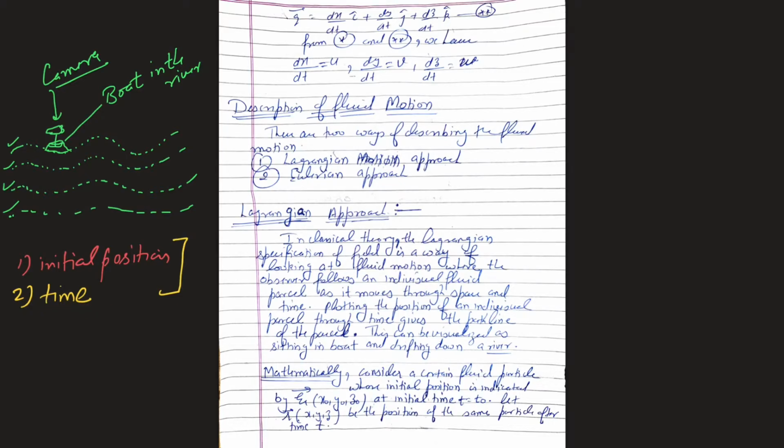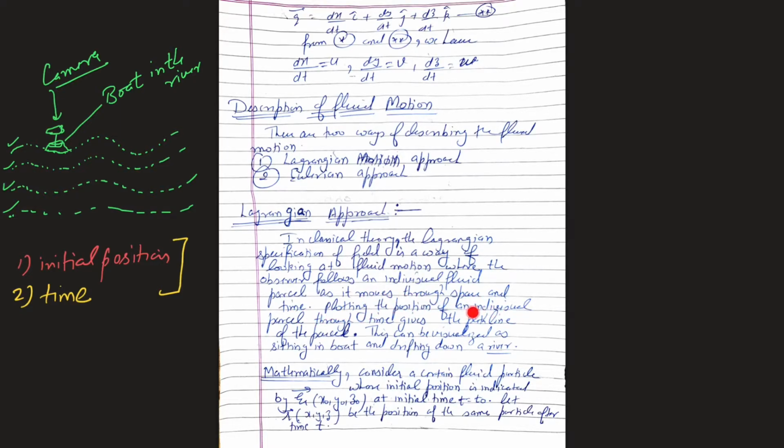So once again I am reading out: in classical theory the Lagrangian specification of field is a way of looking at fluid motion where the observer follows an individual fluid parcel, like this boat is for this layer only, for this individual particle only, as it moves through space and time.